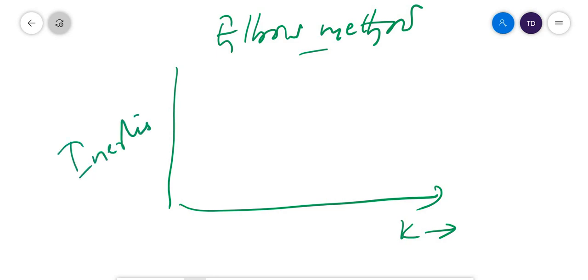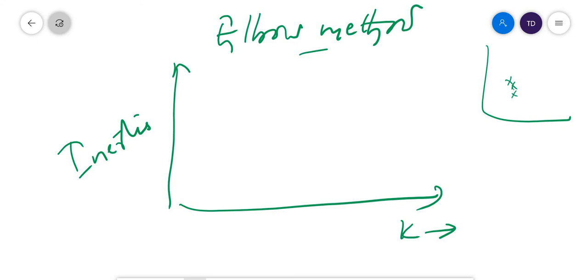For each data point you calculate the Euclidean distance from the centroid, then you square it, and then you take the sum.